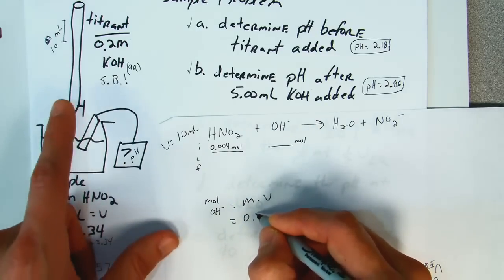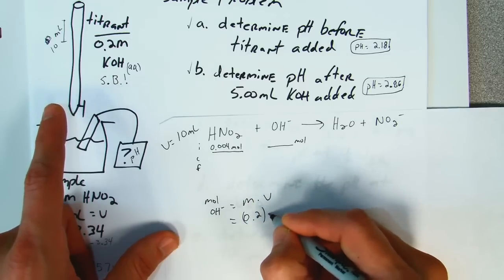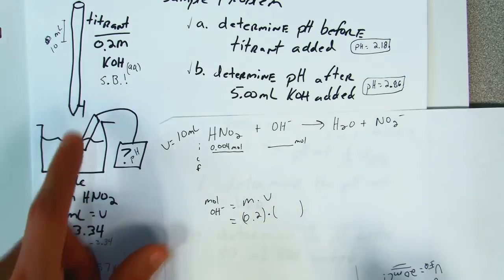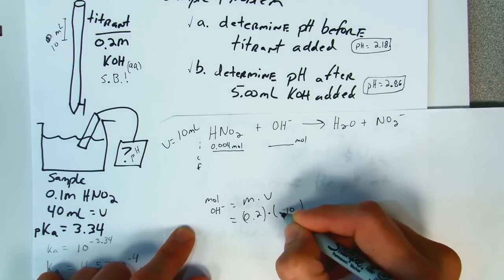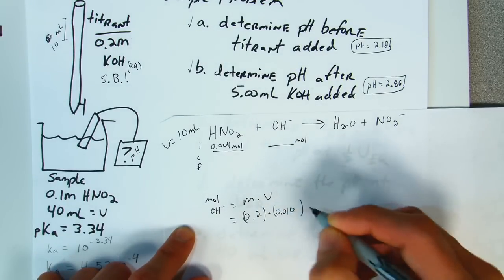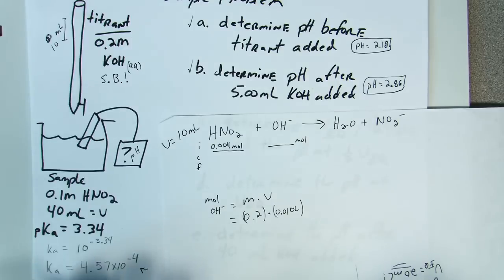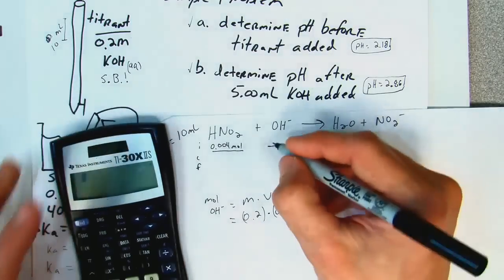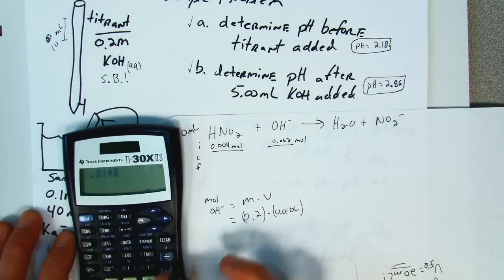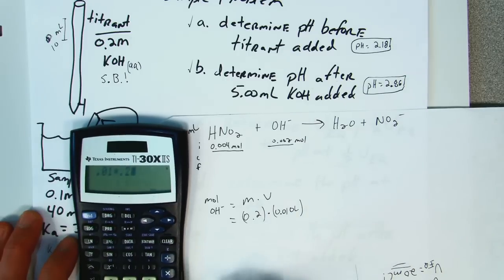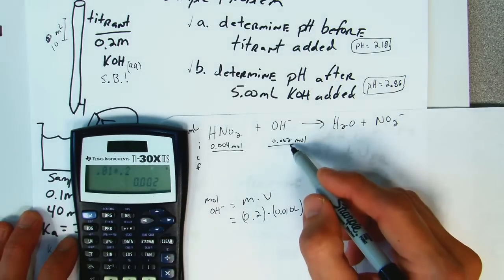My molarity is 0.2, that's always specified and constant. And at this halfway point, we just decided that was going to be at 10 milliliters, which is 0.010 liters, okay? So if you do 0.01 times 0.2 on your calculator, you get 0.002.